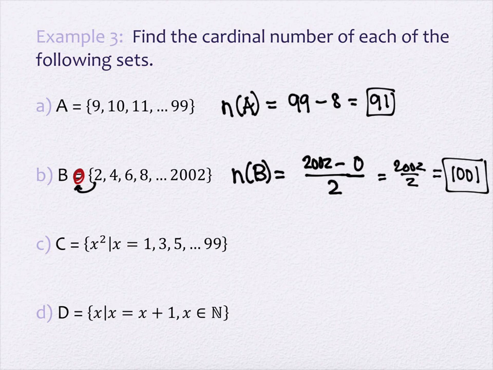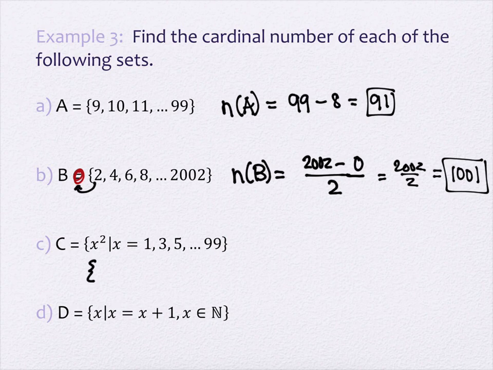All right. What about this next one? It looks really weird. It's a set notation that we talked about last time, set builder notation. It says these are all the x squared such that x is equal to 1, 3, 5, up to 99. So let's first of all just write down what this set is, and I'm going to write it again in listing method.